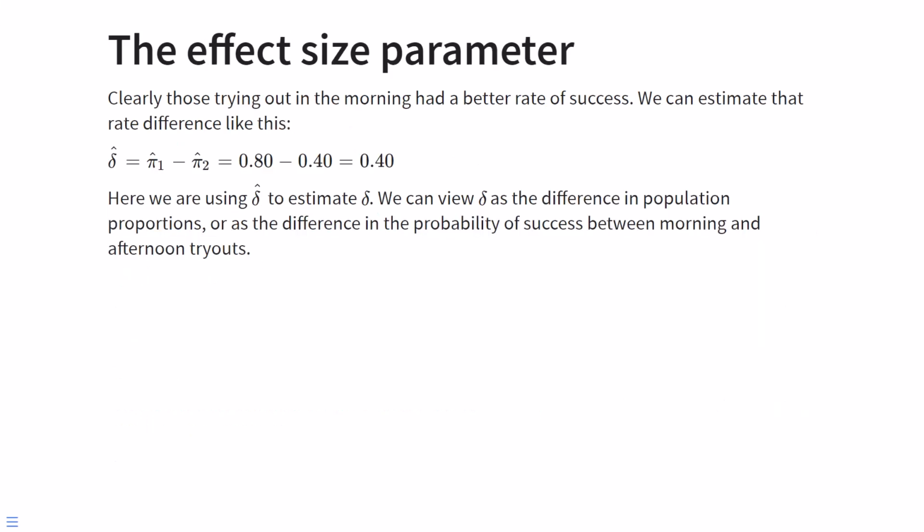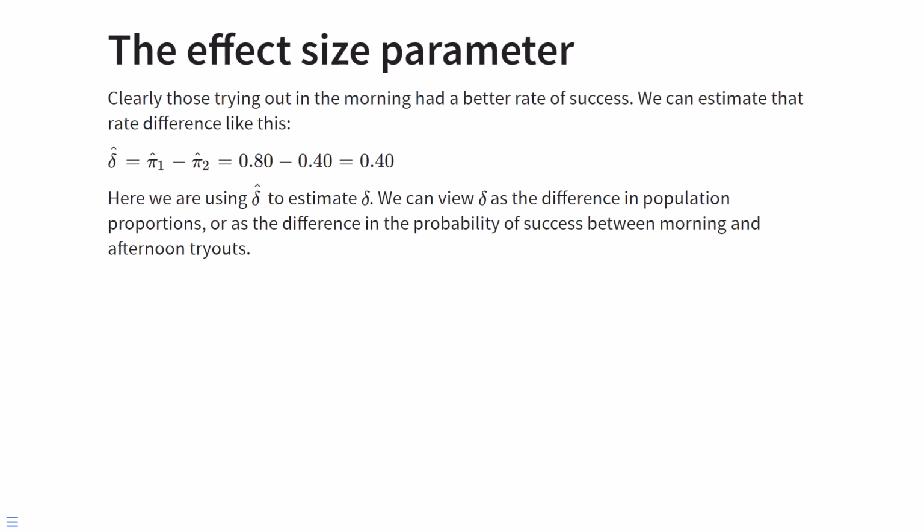Clearly, those who tried out in the morning had a better rate of success, and we can estimate that rate difference like this. Here we are taking delta hat to be our proportion hat for the morning, minus proportion hat of pi 2, our estimate for the afternoon, and the difference is 0.40.